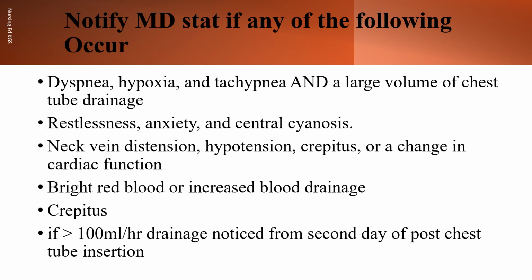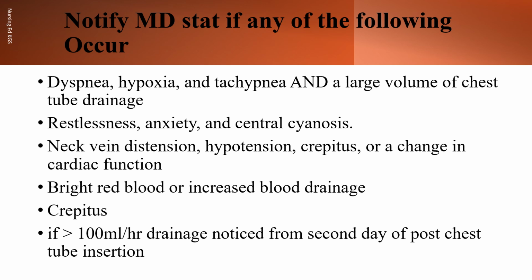If you notice bright red blood or the presence of bright red blood that is new in their chest tube or their drainage system, this could indicate that the patient is having hemorrhage. Any subcutaneous emphysema, otherwise known as crepitus, in the surrounding area at the insertion site could indicate that air is leaking into the tissue and maybe the chest tube needs to be adjusted or reinserted.